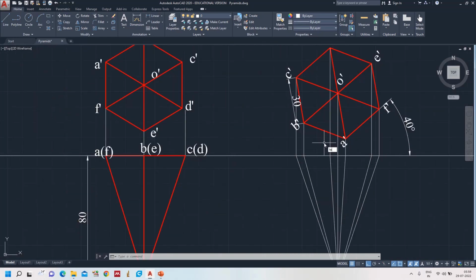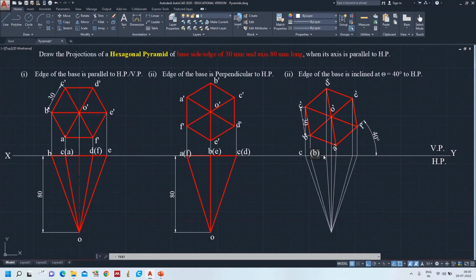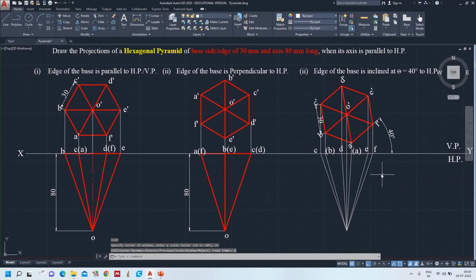So that's why, I am giving the notations. This is C and this is B and this is D. A is also invisible and this is E and this is F. Okay, now this is the center line.